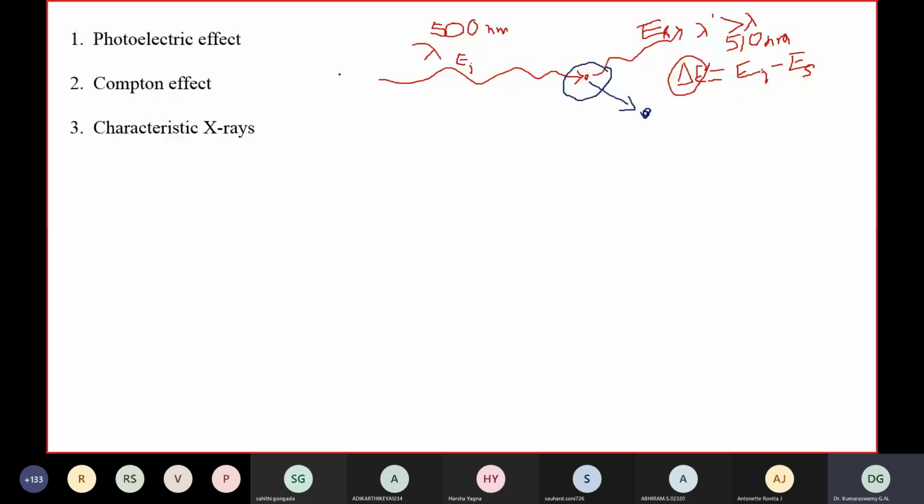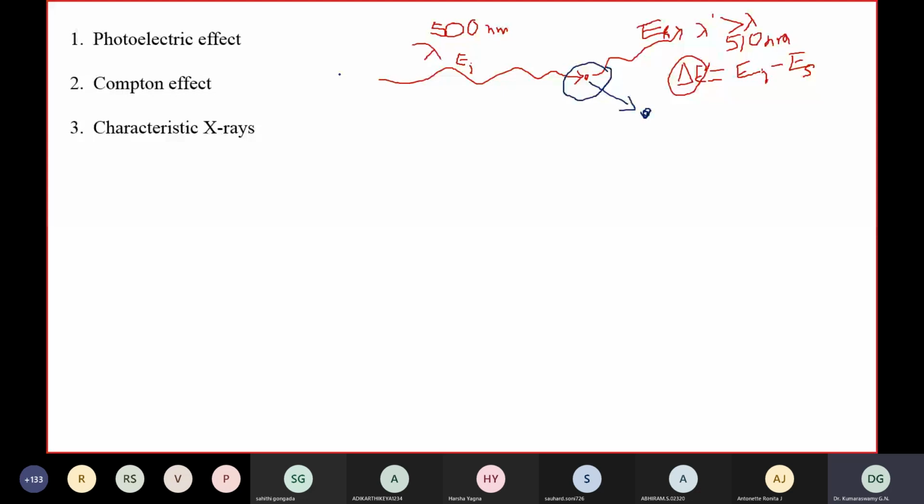So when they saw characteristic X-rays, it was very clear evidence that atoms have discrete orbitals where the electrons are located or distributed. And when these electrons de-excite, we get X-rays of a particular wavelength.